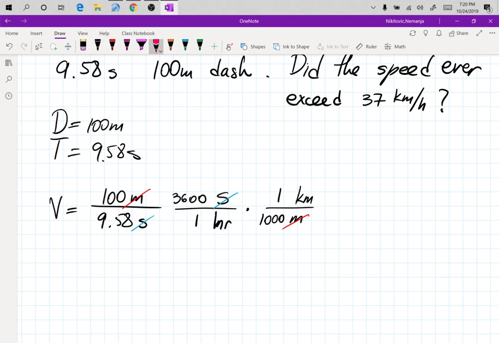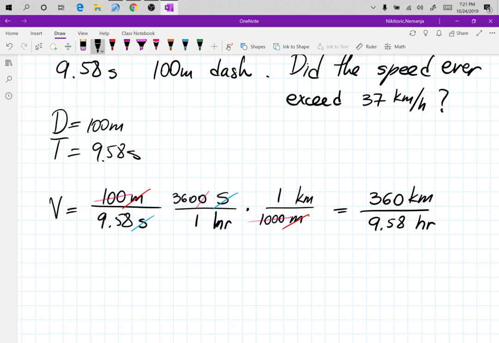Now we can knock off 1,000 with 100 and the extra 0 right there. And all I need to compute on the top row, 360 kilometers, and in the bottom row, 9.58 hours.